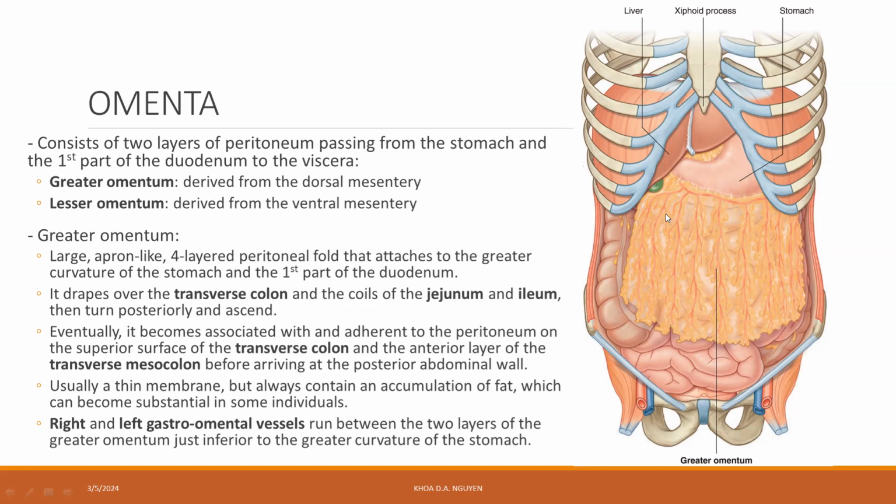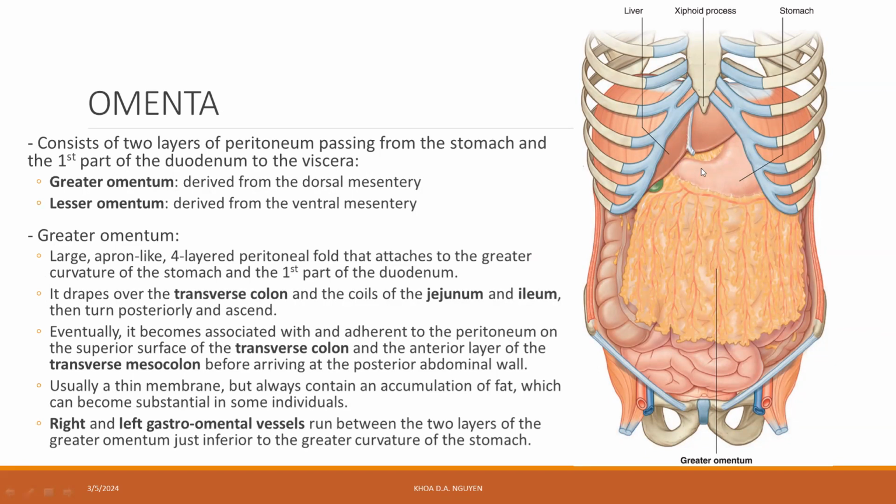Now, the lesser omentum is this structure that you can see peeking out right here, and it comes from the lesser curvature of the stomach, hence lesser omentum. It extends from that all the way to the liver. And there is also another part of the lesser omentum that extends from the proximal part of the duodenum to the liver as well.